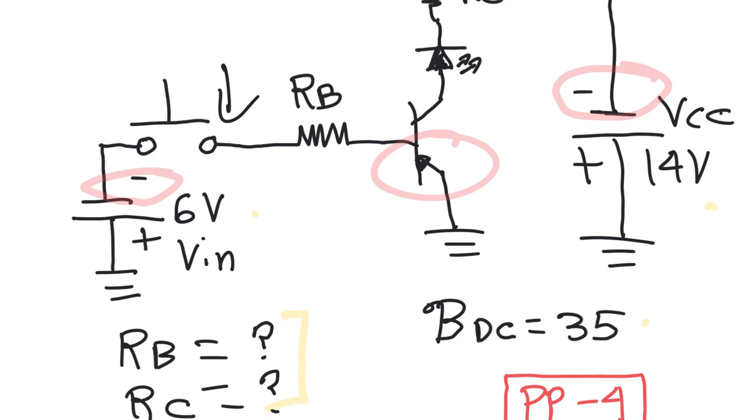Okay. The other thing that's missing is our desired collector current. So let's use 10 milliamps for that. And let's let our VCE be negative 1.2. So what do we have to do then to solve for RB and RC to make that all true?